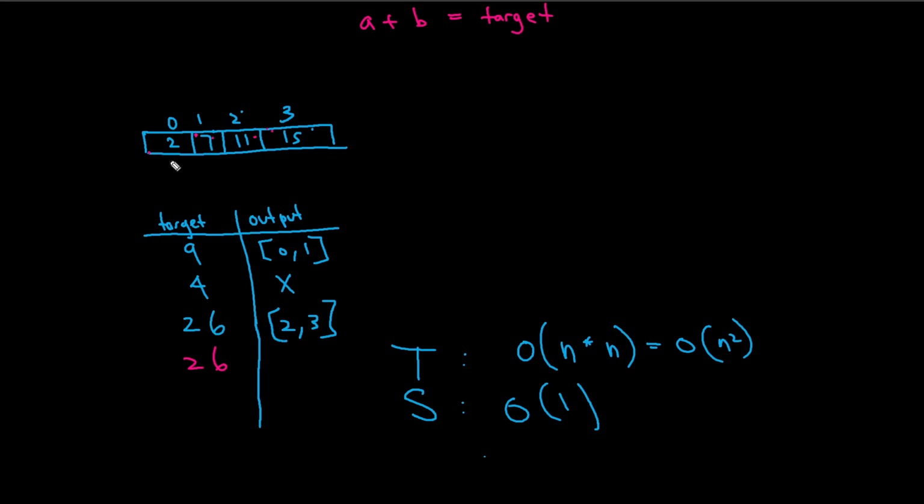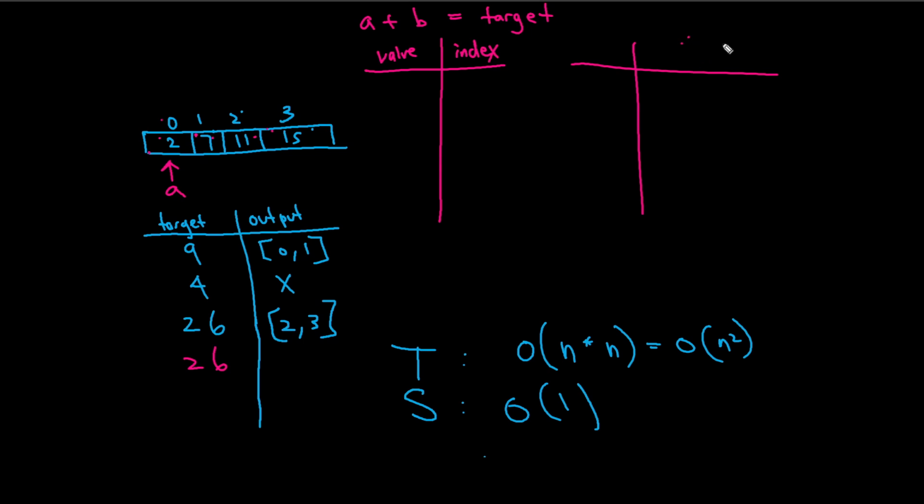And again, we need to find two numbers, A and B, that sum up to target. We're going to start off at the very beginning and say A is equal to 2, except this time we are going to have a map to store the index and the value as we visit each element. First, A is equal to 2.